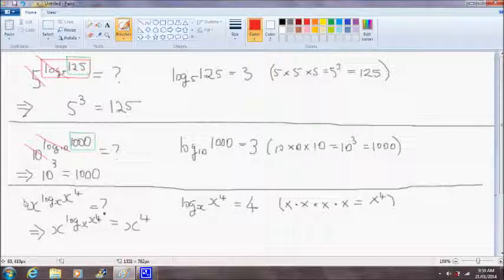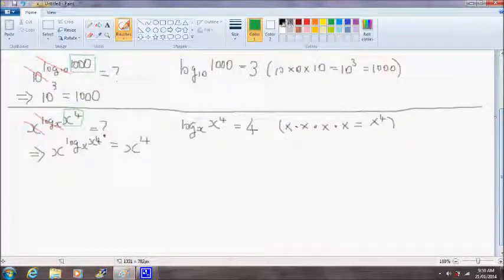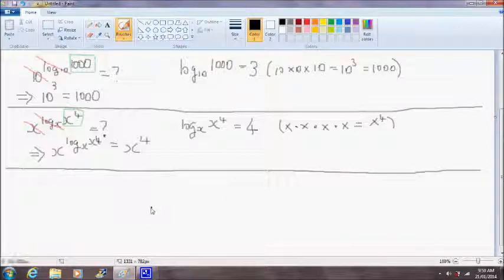And similarly for the x, and the log of base x cancel out, and our answer lies within the log. So generally, then, we can express a to the power of log to the base a of some number, let's say y, is equal to y.